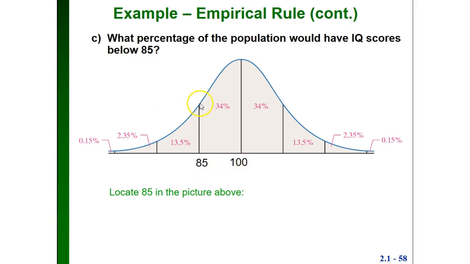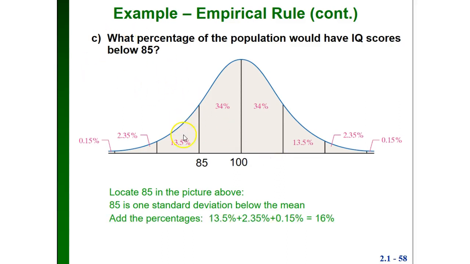So here's the 85 right here, and we want to know what percentage has IQ scores below that. So we're going to add the percentages in these three regions. So we've got the 13.5%, the 2.35%, and 0.15% over here. If we add those three together, we get 16%. So approximately 16% of the population would have IQ scores below 85.